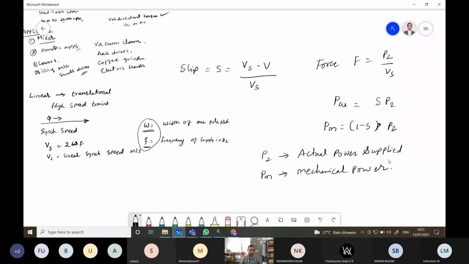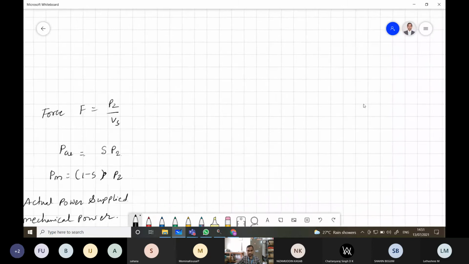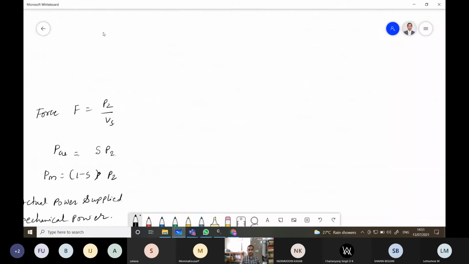These are some of the equations related to the linear induction motor, and some of the applications we will discuss about the linear induction motors are these.